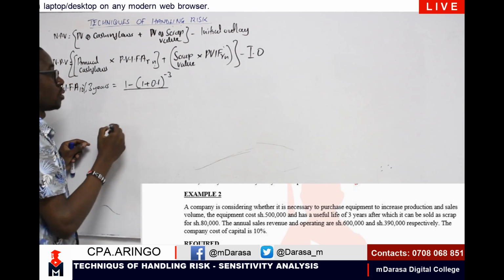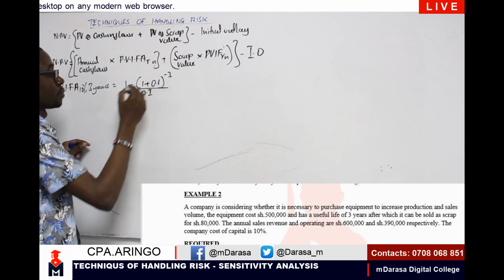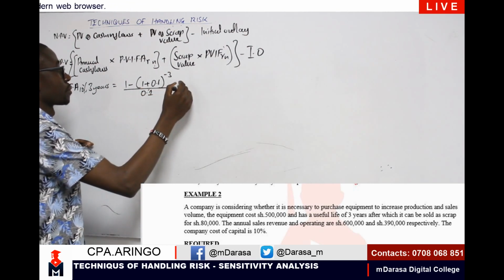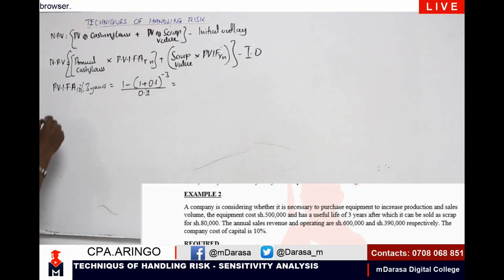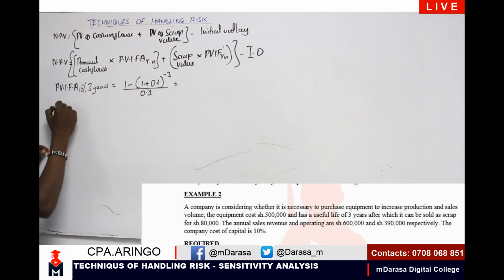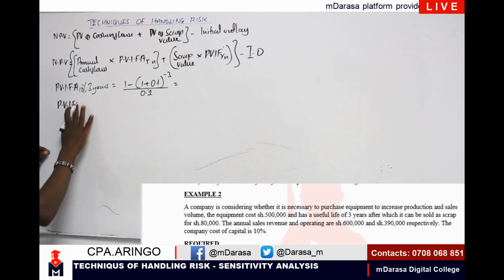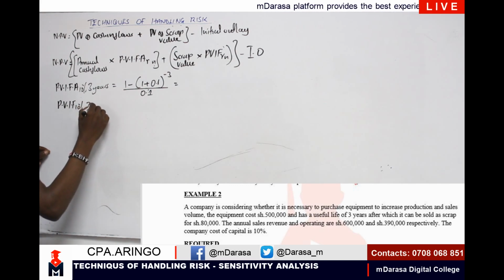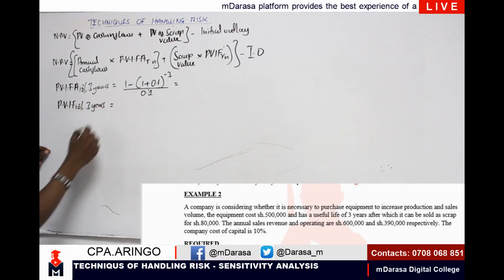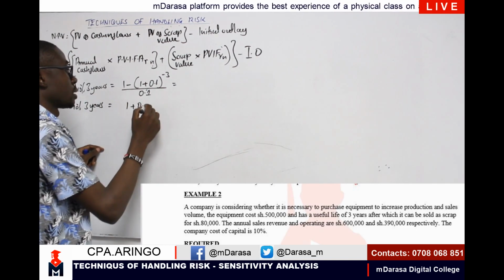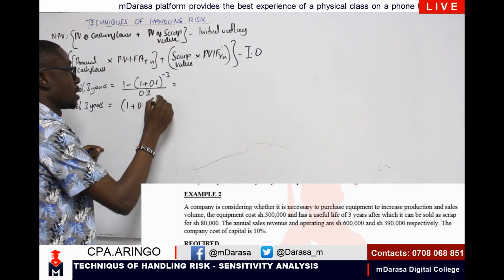We are going to divide all this by 0.1, right? Because it is r. Whereas for scrap value, not annuity, but present value interest factor, 10%, 3 years, I should be talking of basically 1 plus 0.1 raised to negative 3.